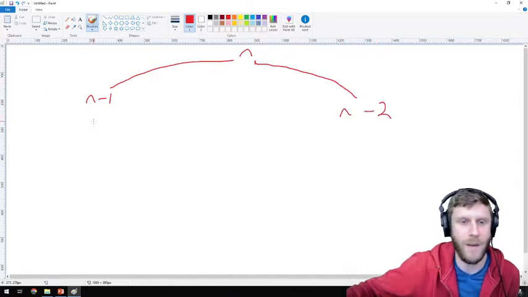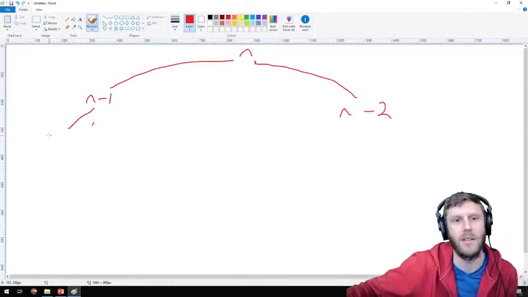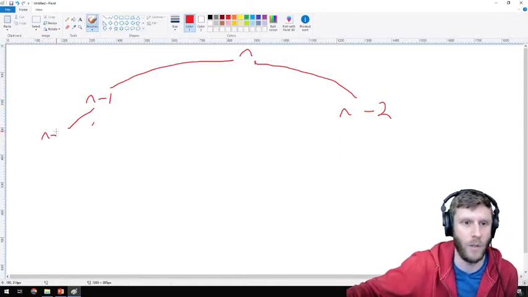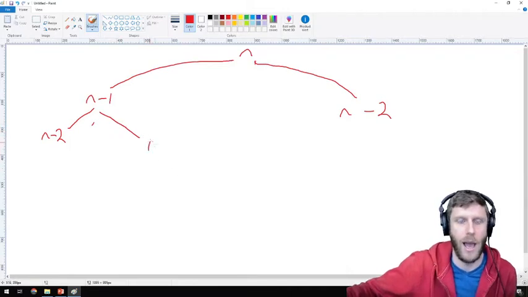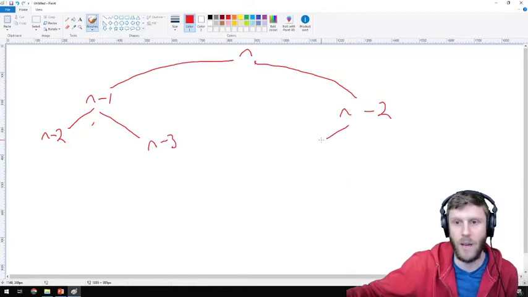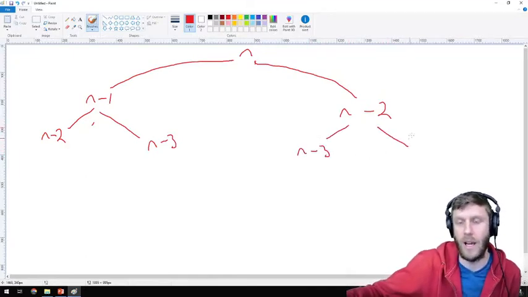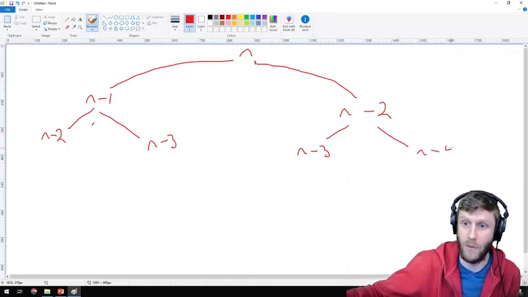But then the one for n minus 1 needs to make 2 function calls, which is n minus 1 minus 1, which is n minus 2. And then over here we have n minus 1 minus 2, which is n minus 3. And then this one we have n minus 2 minus 1, which is n minus 3. And then over here n minus 2 minus 2, which is n minus 4.